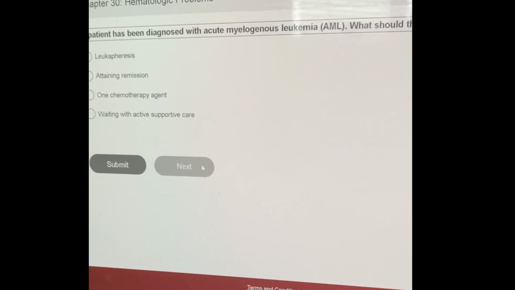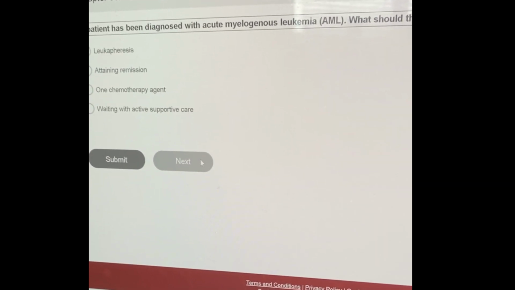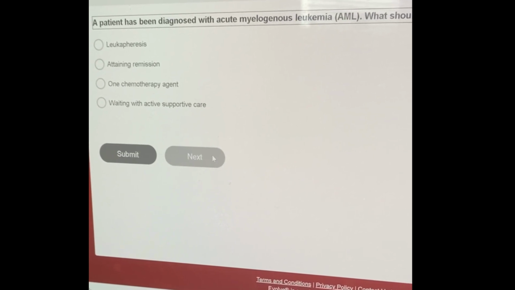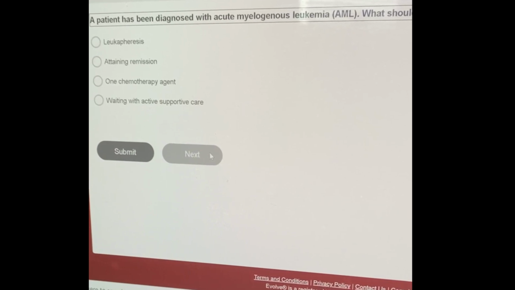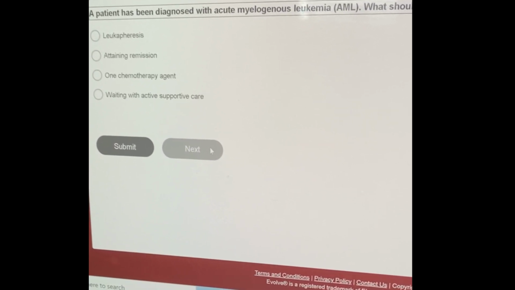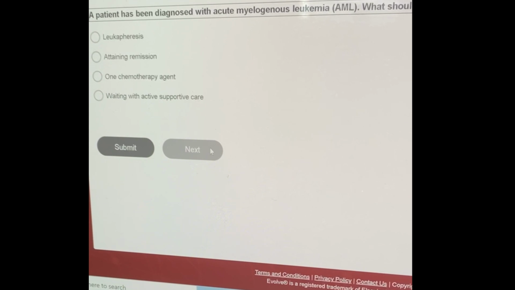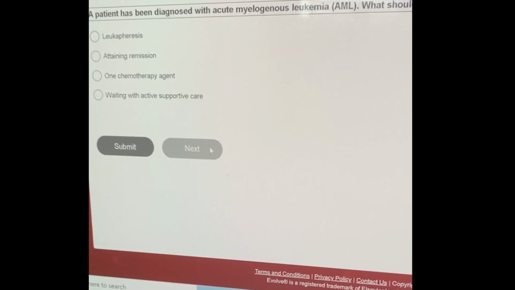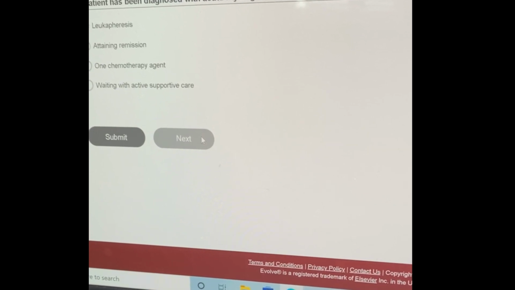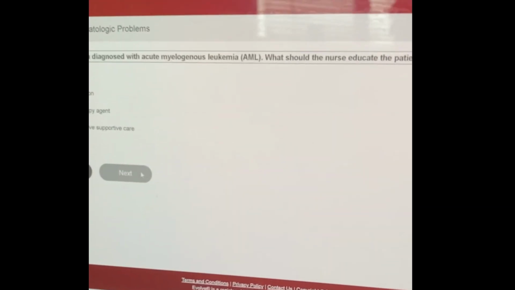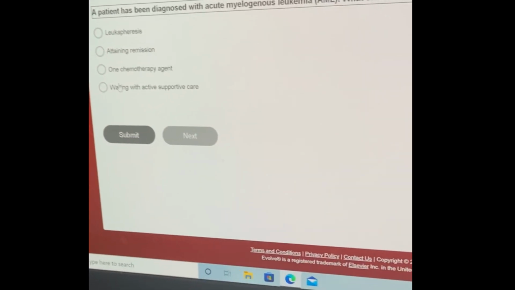If you got diagnosed with that, I would think that what you would be focusing on first is getting it into remission. That would be number one. All these things probably go into attaining remission. So attaining remission probably requires you to do A, C, and D. So I'm going to go with B, attaining remission. That's what they should focus on, the remission.